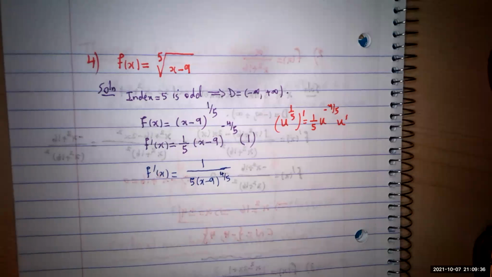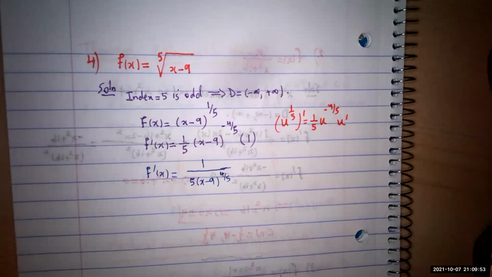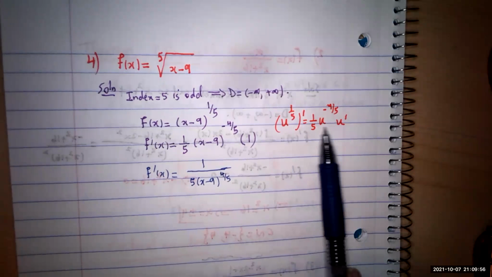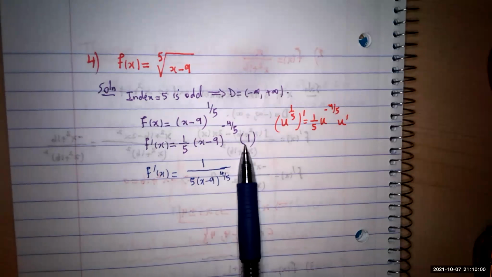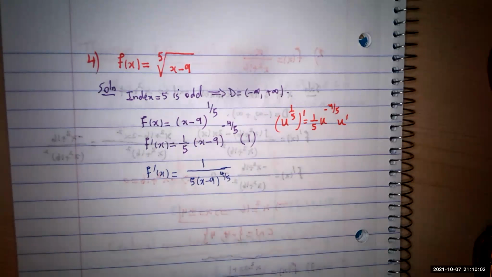This is the algebra part that we have to do. So that's u to the 1/5, 1 minus 5 over 5, which gives you the -4/5, to get the 1. U prime is the chain rule, the derivative of the inside. Derivative of x is 1. Derivative of 9 is going to be 0. Okay, so that's going to be our f prime.